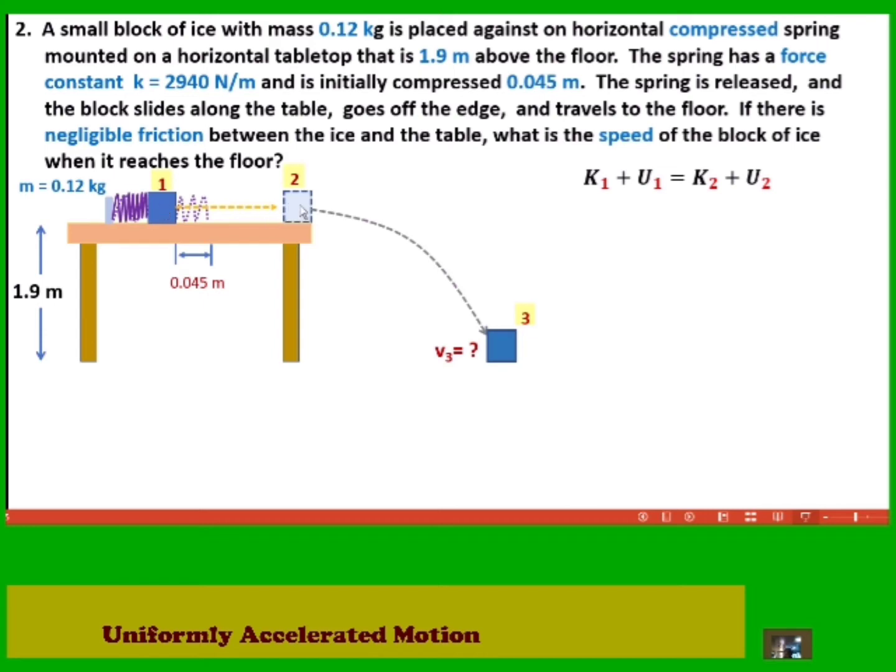At point 2, its potential energy is 0 since the height of the block at point 2 is 0 with respect to point 1. At point 1, it has elastic potential energy, which is equal to 1/2 k x squared. At point 2, its kinetic energy is 1/2 m v sub 2 squared.